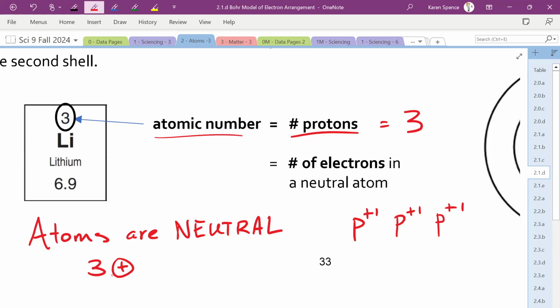How many negatives do we need to make it equal 0? 3. So we need 3 negatives. And that means what particles are negatives? Electrons. So if the atomic number and the protons is 3, then we also need to have 3 electrons.